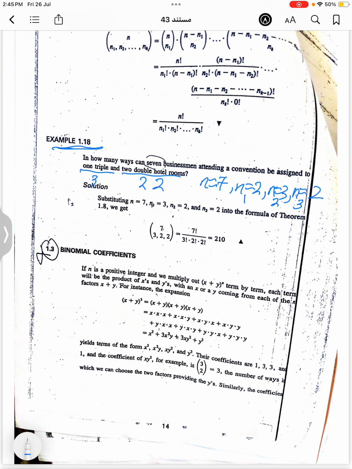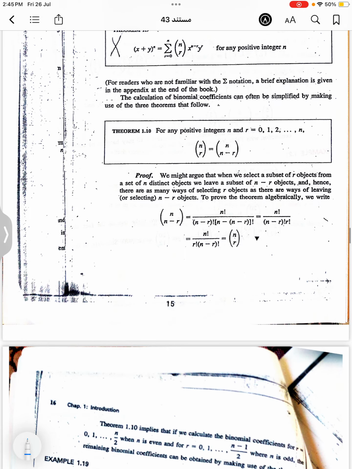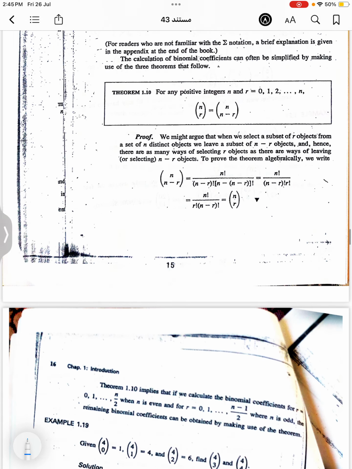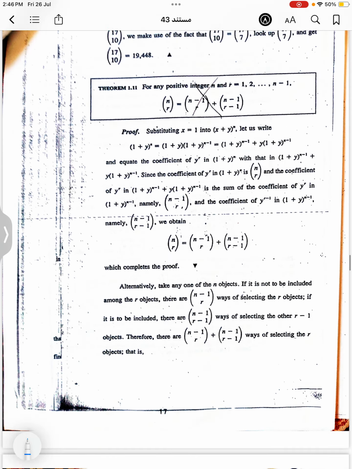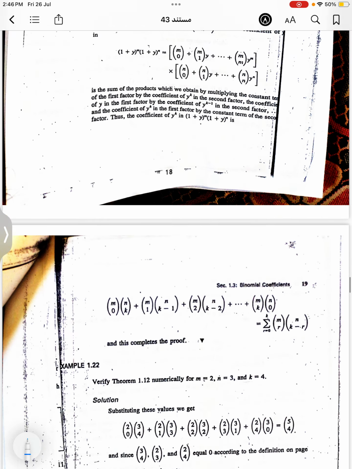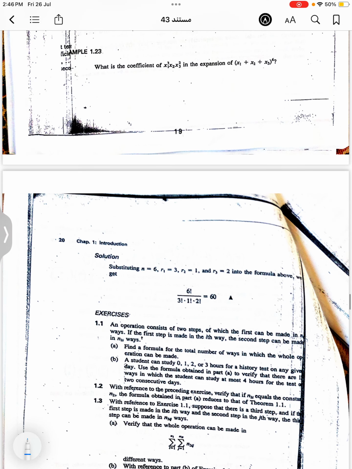If you make the addition, it will be 7. Then you will use the theorem like this: write 7 over 3 factorial, 2 factorial, 2 factorial, or write it 7 over 3, 2, 2. The same answer. This section is not required, and all the section's proofs are not required. We will now finish, but we will solve some questions.